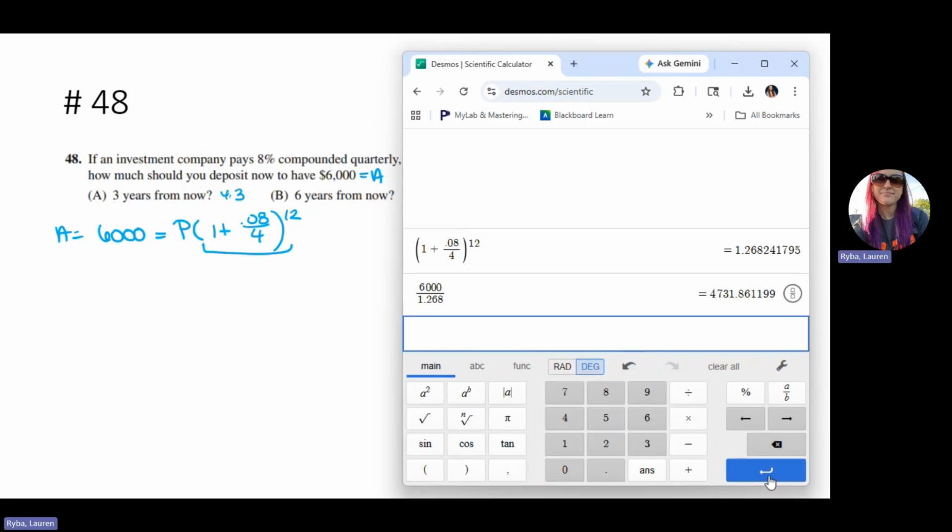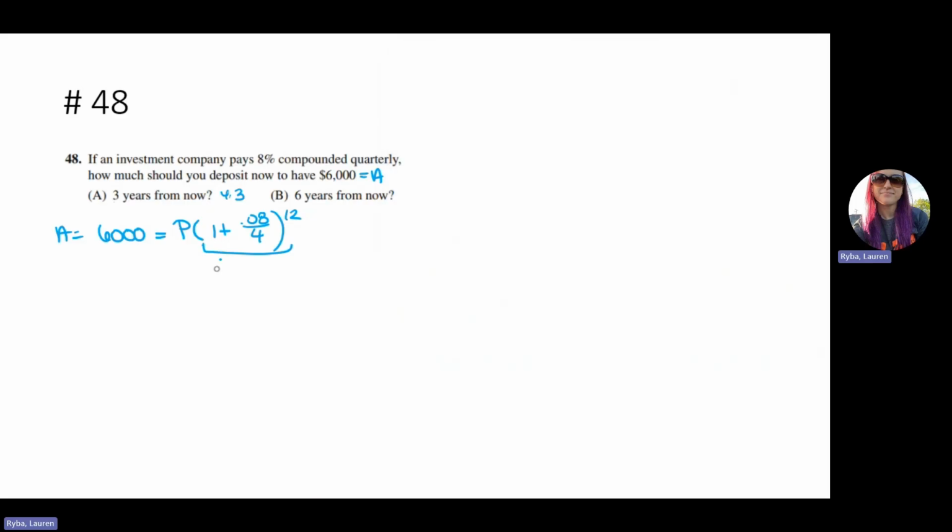If you want to be as accurate as possible, we know to get P by itself, I have to get rid of this entire parentheses piece, so I could just divide out that whole piece. This will give me the most accurate answer.